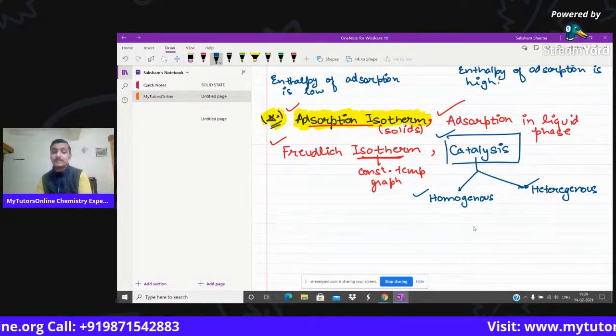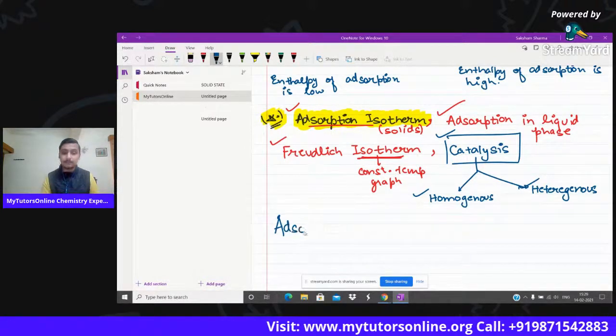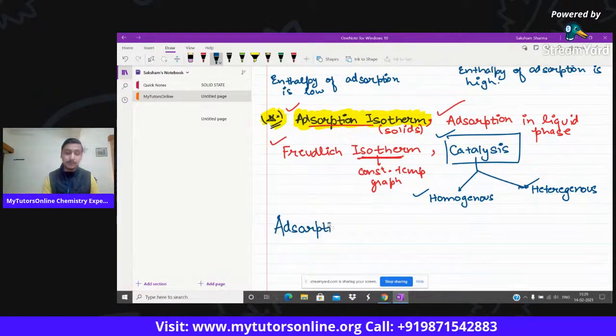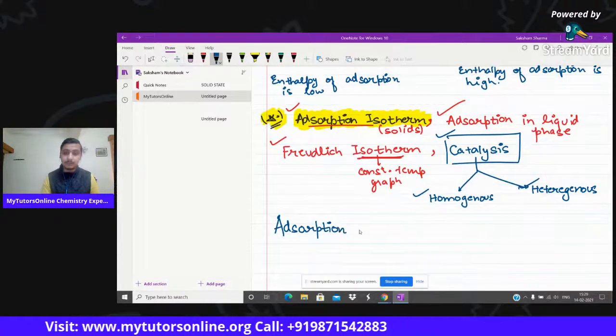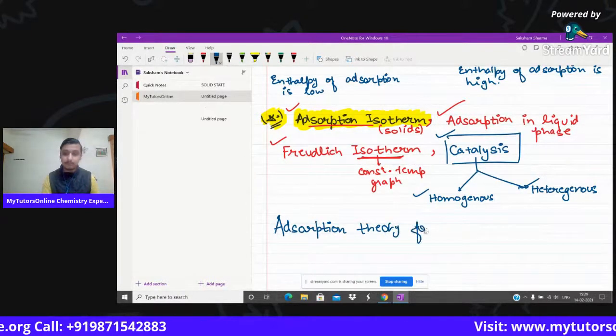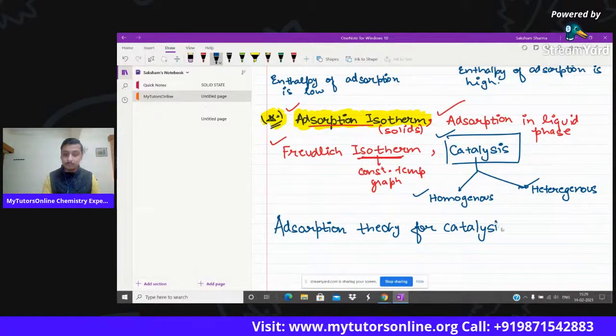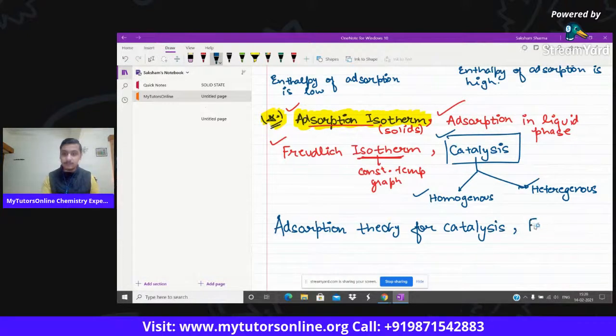Then next is the adsorption theory for catalysis and mechanism of catalysis. And enzyme catalysis.